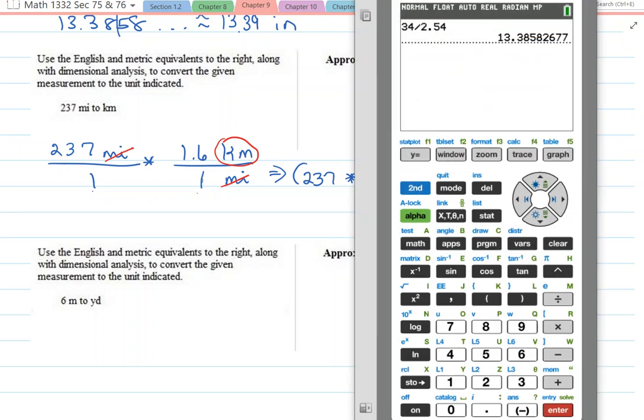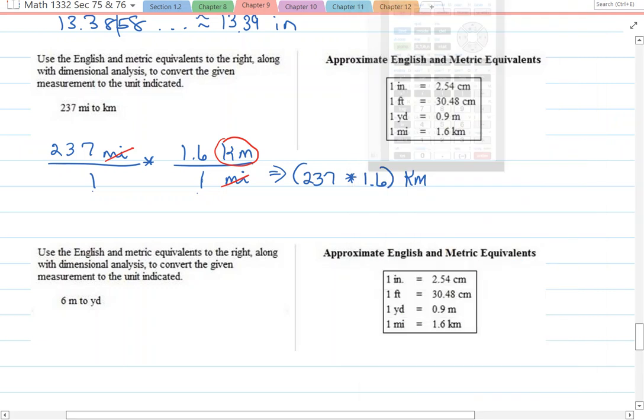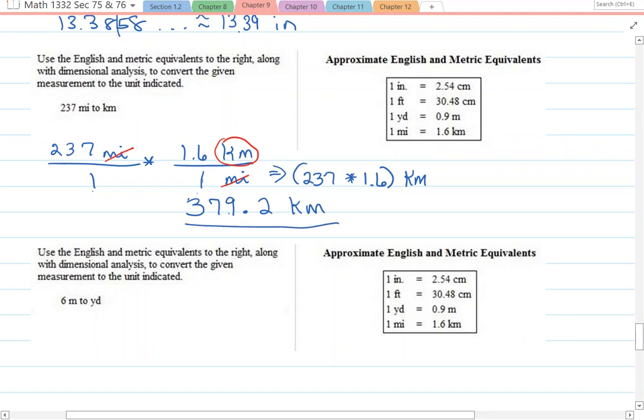So let's do that. And we get 379.2. So this is our equivalent to the miles, 237 miles.